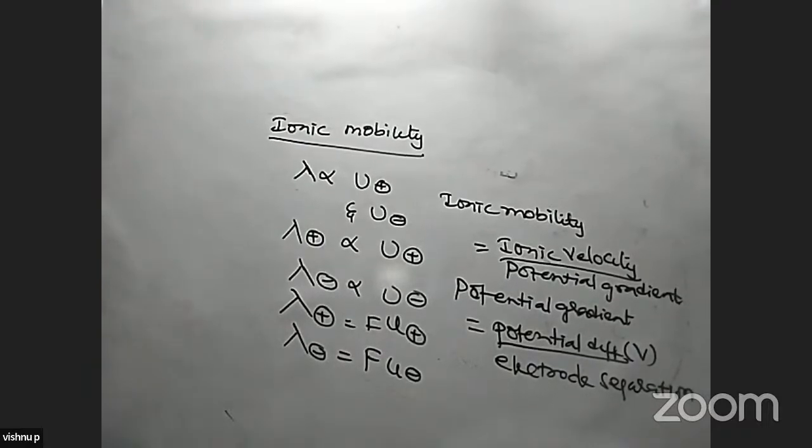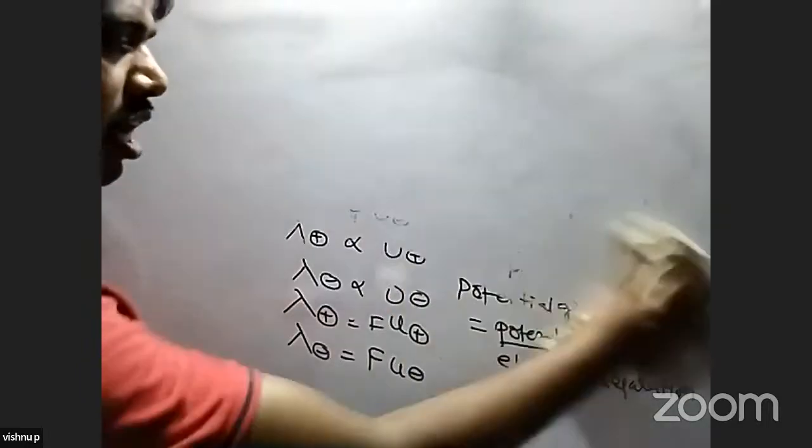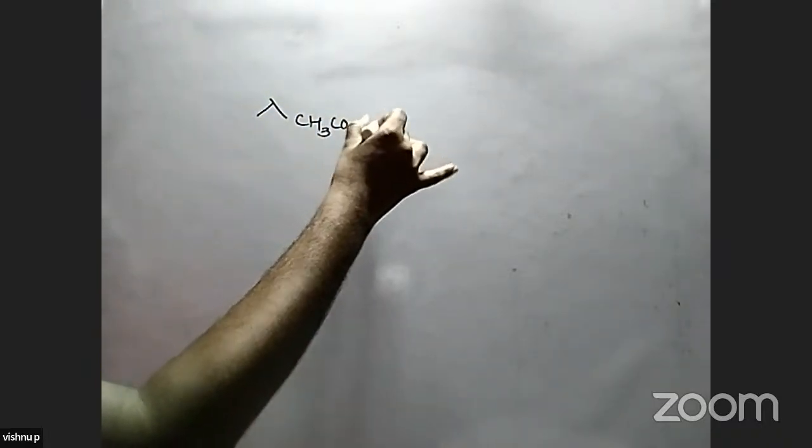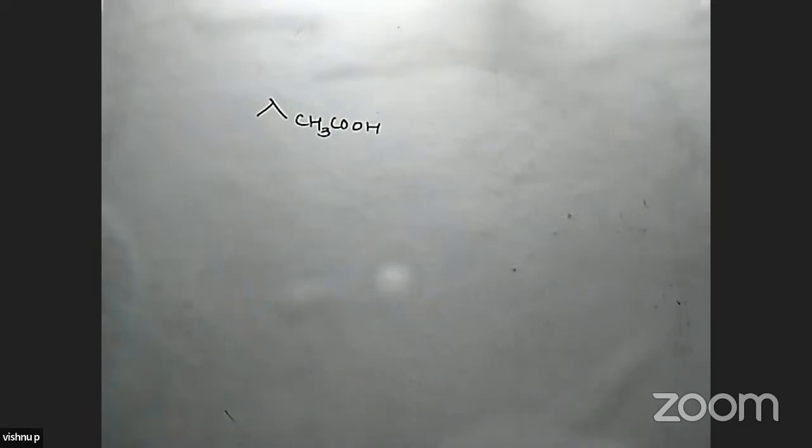And we will discuss one example for Kohlrausch law, how to find the conductivity of a weak electrolyte. Here, how do we find the conductivity of acetic acid? We know that acetic acid is a weak acid. It is not completely dissociated. Again, conductivity depends on how many ions are present in the electrolyte and the speed of the ions.